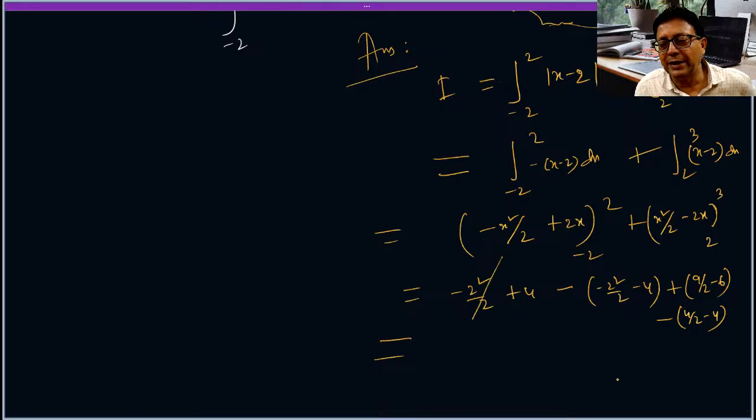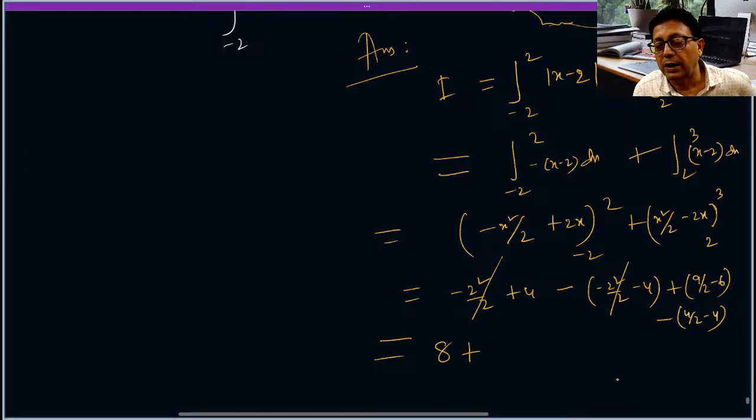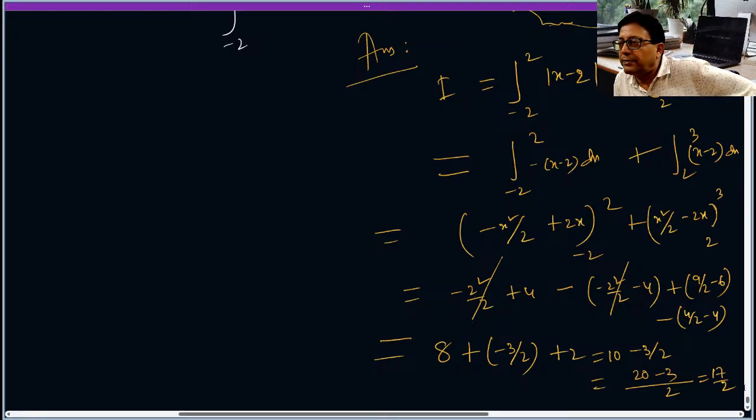So this thing is getting cancelled. 4 plus 4, 8. 10 minus 3 by 2, 2 LCM. Isn't it? Clear? So see the application of the last property.